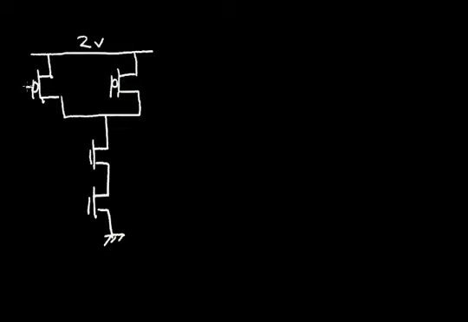Now let's label this input A, and this gate of the PFET will label input B. And let's connect input A to this NFET and the input B to this NFET. And let's label this our output. So this is the CMOS NAND gate.